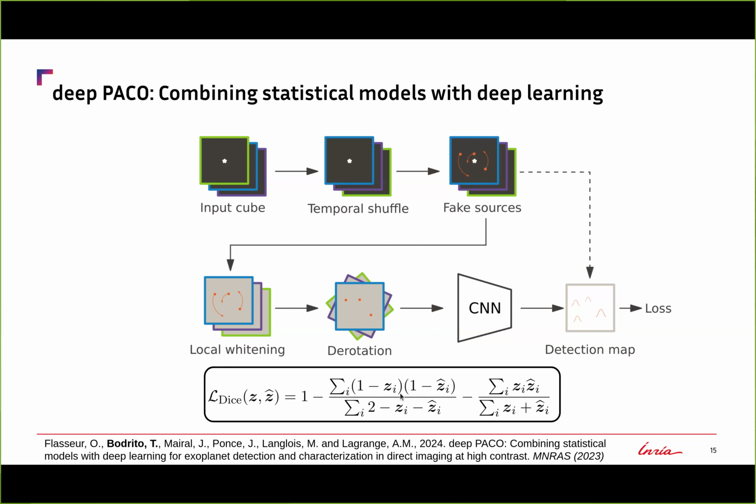I'm not sure off the top of my head where the formula comes from, but I know it's related to the imbalance of positive and negative in the data. So is it effectively comparing whether each pixel is correctly assigned as source or not source, and normalizing for the discrepancy in the number of source and non-source pixels? Okay, yeah, thank you.